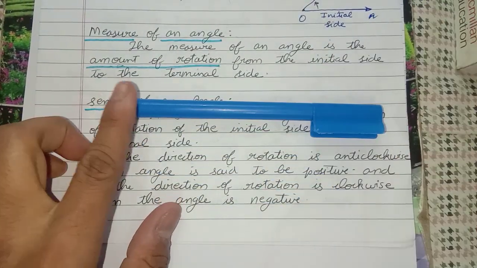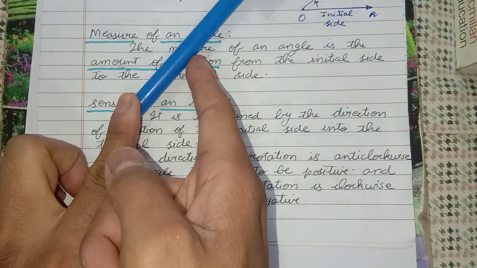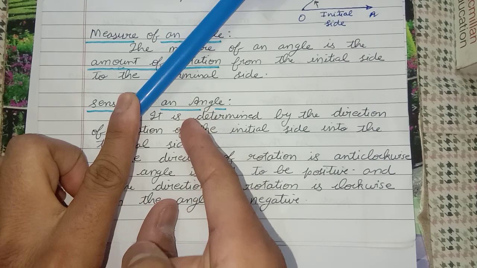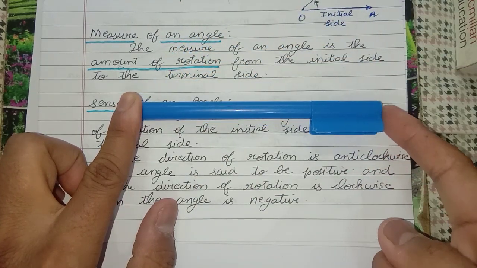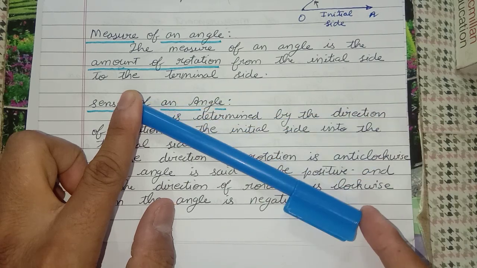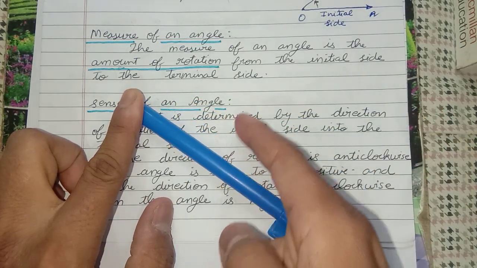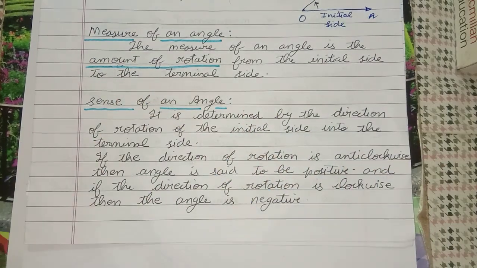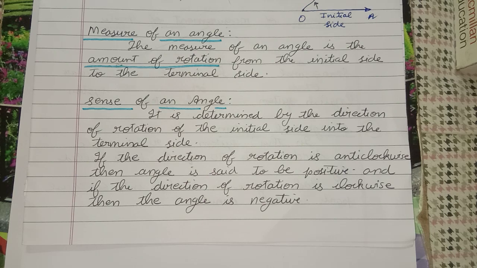If this is a fixed point and this is a ray, if I rotate it anti-clockwise, then this is a positive angle. And if I rotate this ray clockwise, this is clockwise rotation, so this angle will be a negative angle. And this is nothing but the sense of an angle.